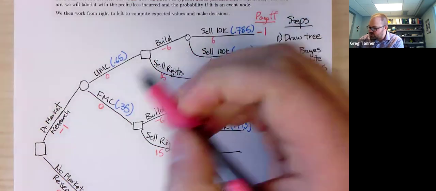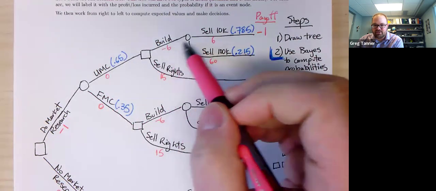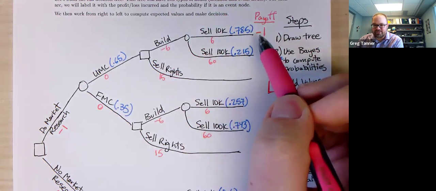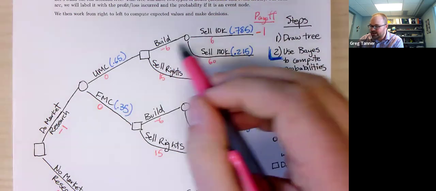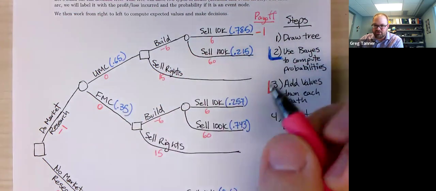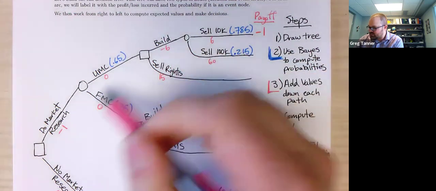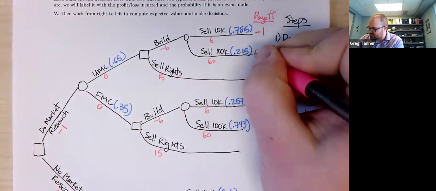So if we do the market research, it comes back unfavorable, we build and only sell 10K, we get a payoff of -1. Okay, so not only did we break even by just selling 10K, but we spent $1 million on market research. If we do this path, that's going to be -1, minus 6 plus 60. And so that's going to be positive 53.